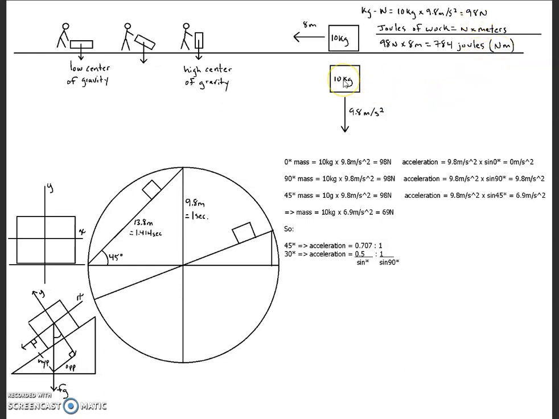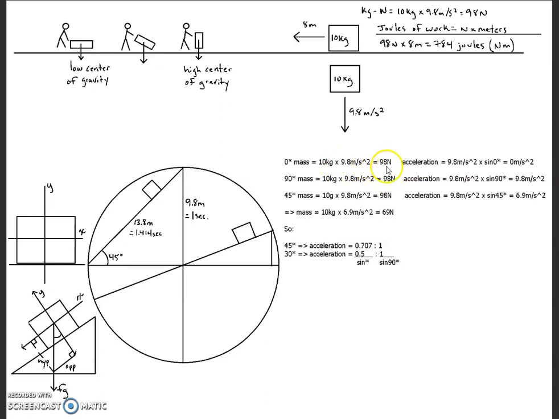So if we got 10 kilograms and it's free falling at 9.8 meters per second squared, it's just going to free fall at that rate. So if we just look at this here, at 0 degrees, we have the mass is 10 kilograms times 9.8 meters per second squared.